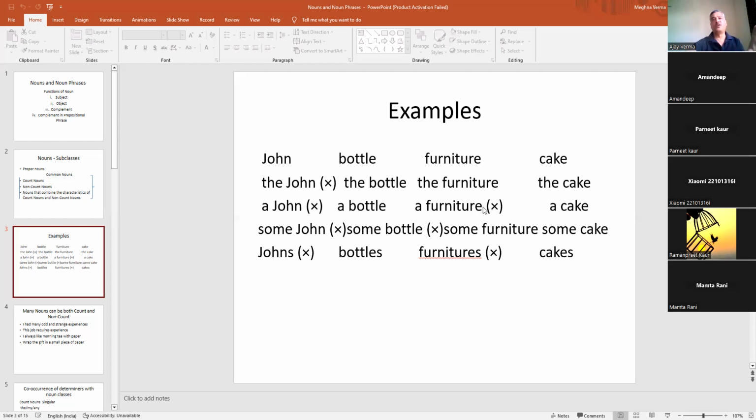There is a long list of non-count nouns provided in the book also. Lots of examples of non-count nouns are given in the book. These nouns are characterized by the quality that they cannot be treated as countable. So because of this, we cannot use them with a. We cannot use them in the plural form. And lastly, we have those nouns which at different times can be treated both as count and as uncount.